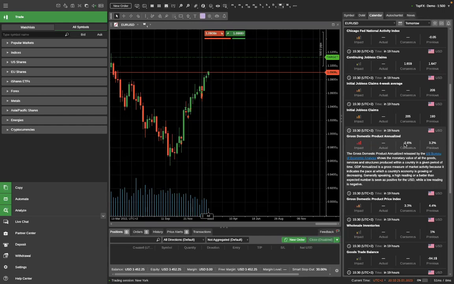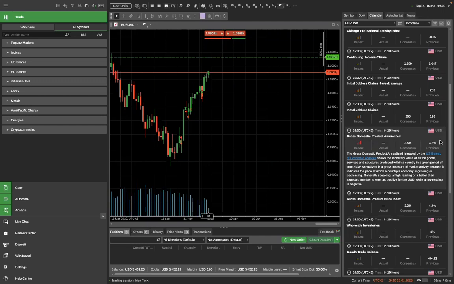And of course, both of these situations will have different impact on the price behavior of euro dollar, because this is what we are looking at. The third situation is that the market data, in the form of for example gross domestic product, are in line with the expectations, and the expectation is 2.6%.